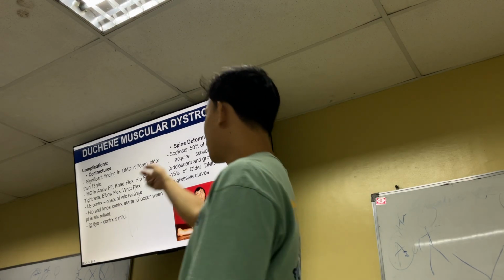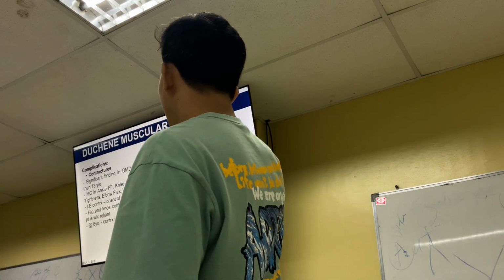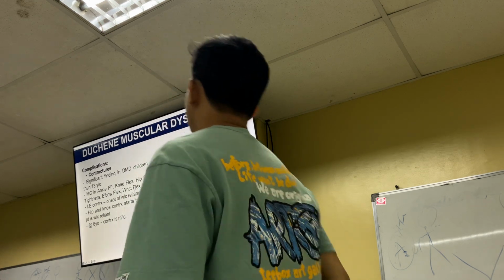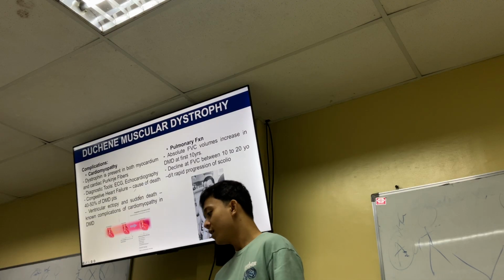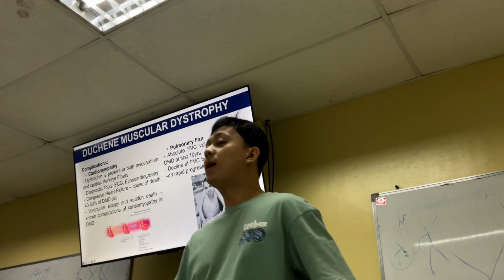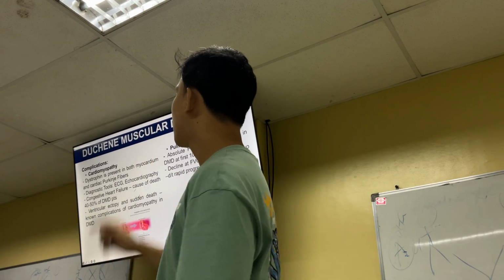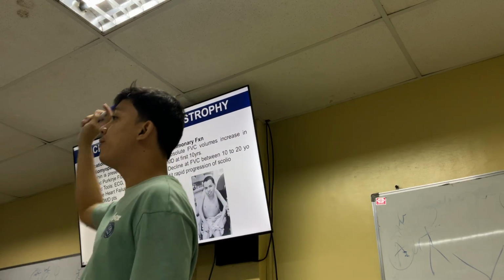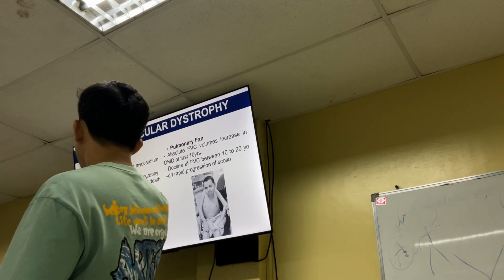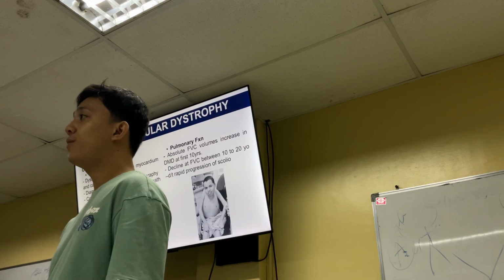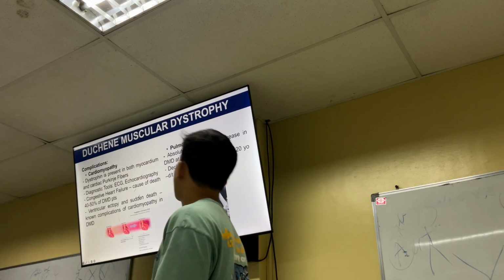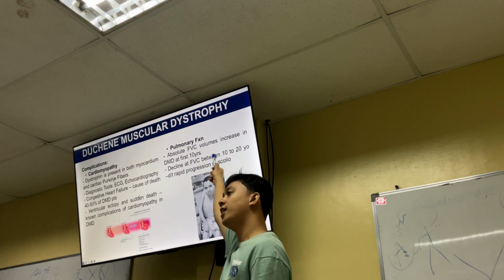Complications: your contracture and your scoliosis. That's it. We also need to consider cardiac complications. It's because of the malfunction of dystrophin in your myocardium and your cardiac Purkinje fibers, and your pulmonary affectation, usually secondary to your scoliosis.